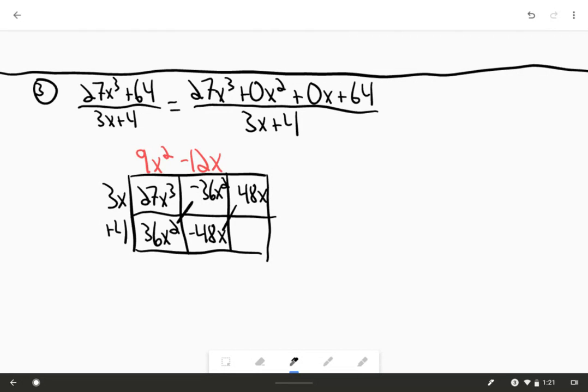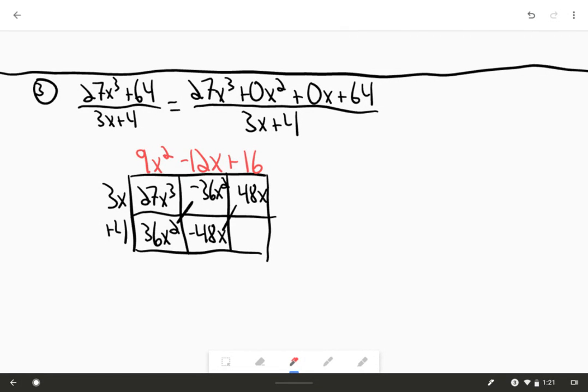Now I have to do this one more time. So 3x times what is 48x? So 3 times what is 48? So we know it's going to be a positive. It's going to be 16, I believe, right? Is 3x times 16 equal to 48x?